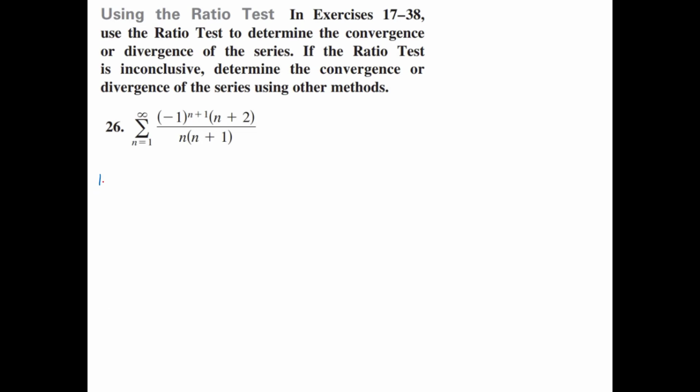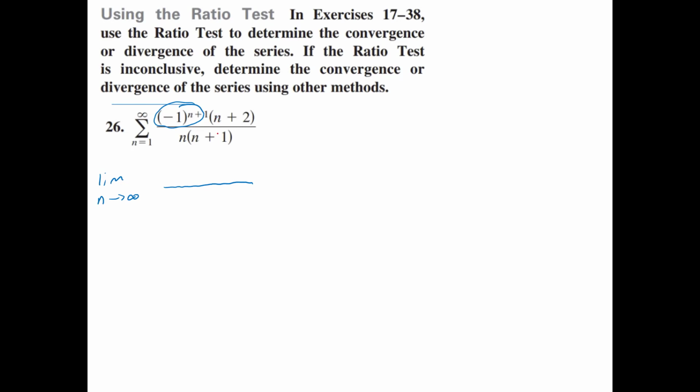The problem tells us to use the ratio test, so we want to take the limit as n, that's our counter here, goes off to infinity, of the absolute value of a sub n plus 1 divided by the absolute value of a sub n. The absolute value is going to get rid of this factor, so we don't have that. And then for a sub n plus 1, we put in n plus 1 everywhere we see an n.